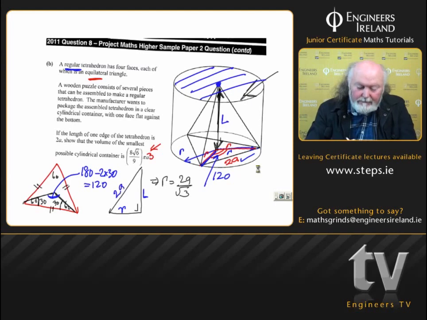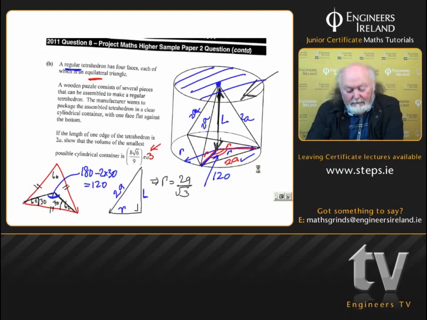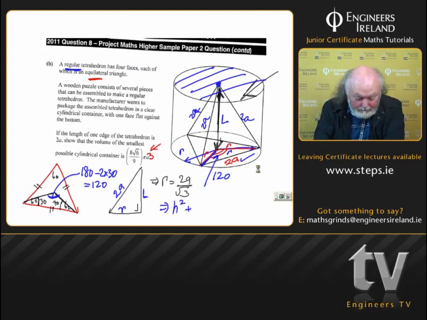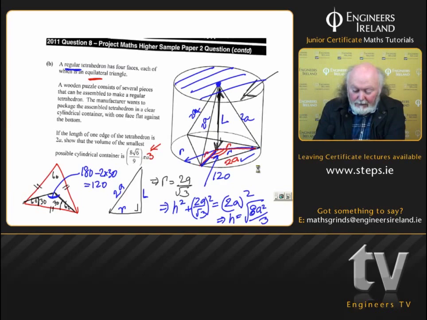All the sides are 2A. That's a 2A, 2A, 2A. That's easy. I'll rewrite that.